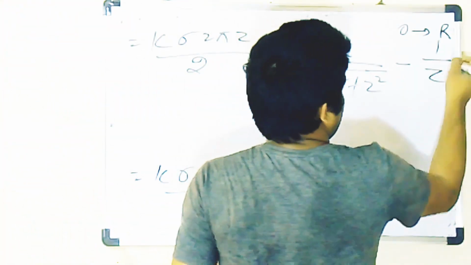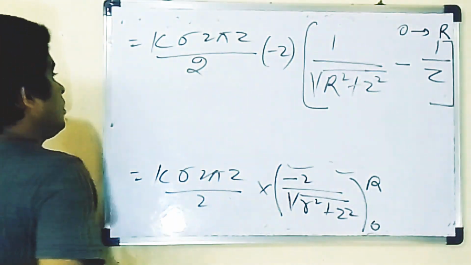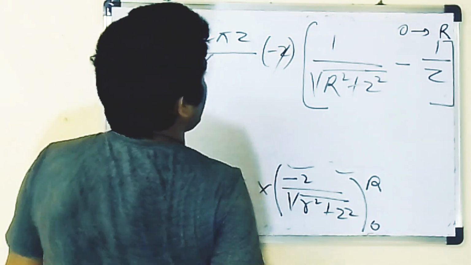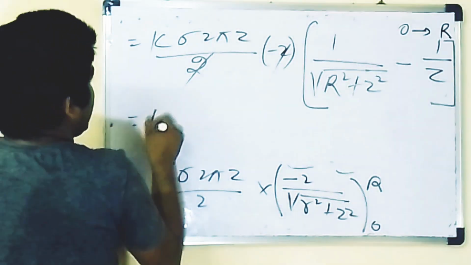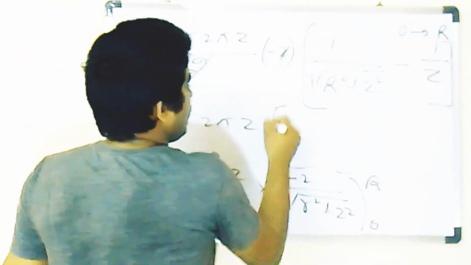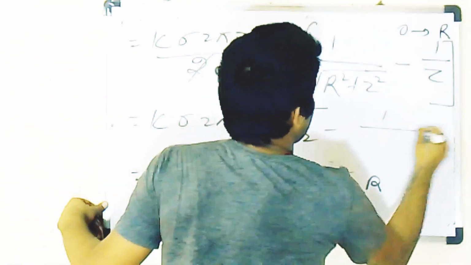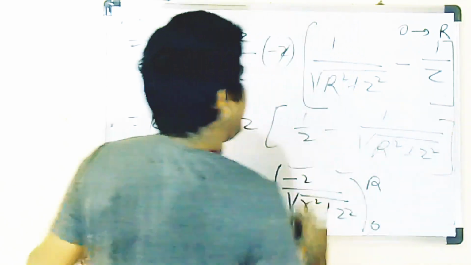Agree? Now you can cancel the 2. You can take the minus inside also, and you can say K sigma 2 pi z into 1 by z minus 1 by square root of r square plus z square. Agree?